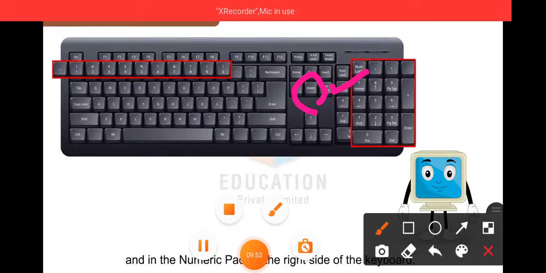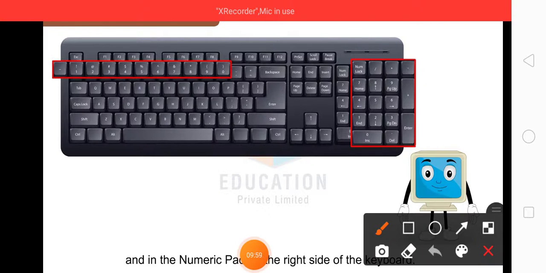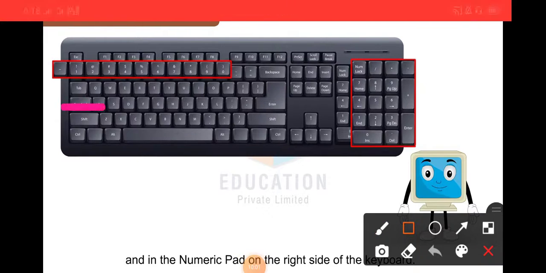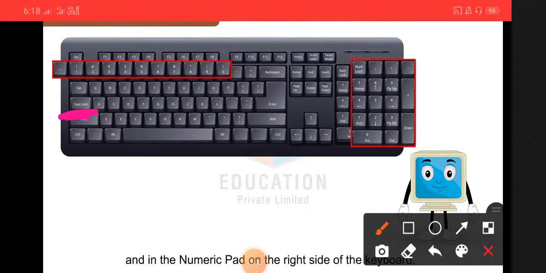You may not find where the caps lock key is. This one, students, this one is the caps lock key. Here you see this one is the caps lock key.